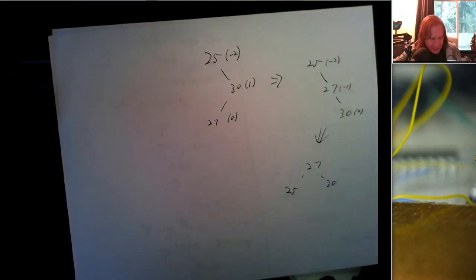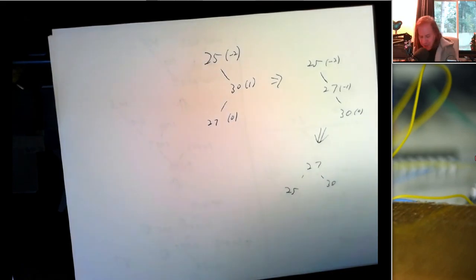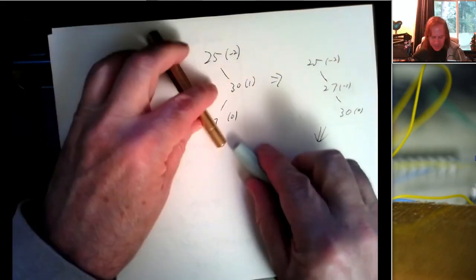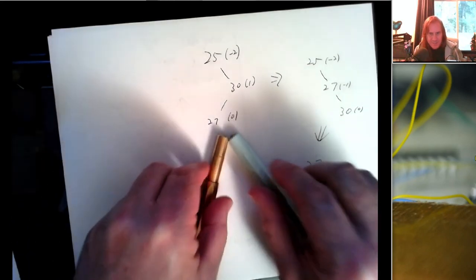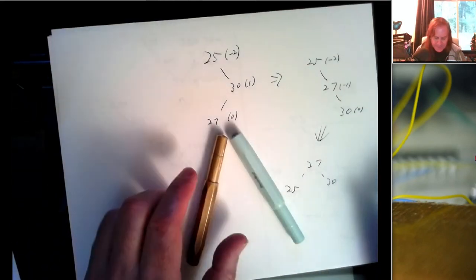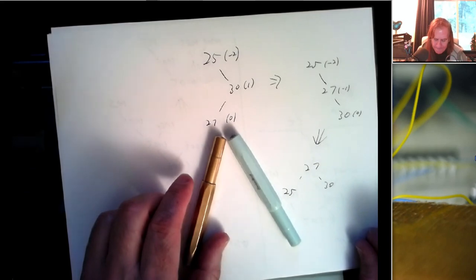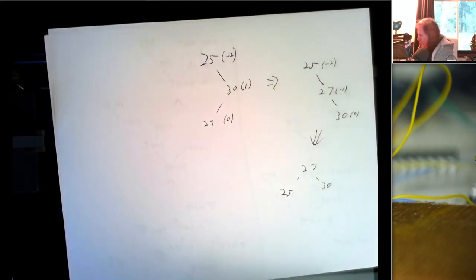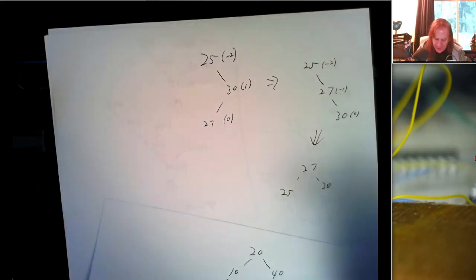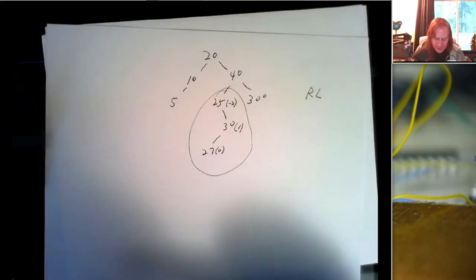And that's, again, a fairly simple to visualize rotation. 25, 27, 30, and we just change it like that. All right, well, that's the balanced version of that subtree.